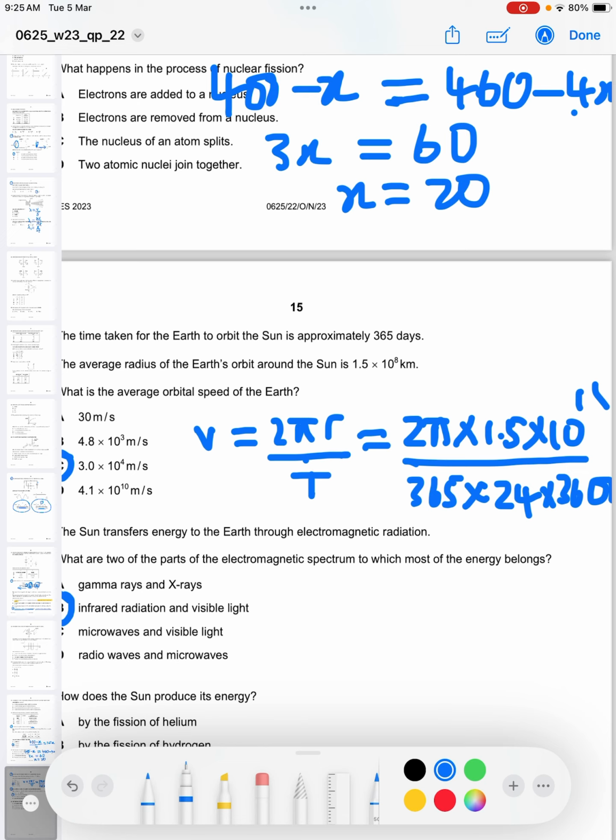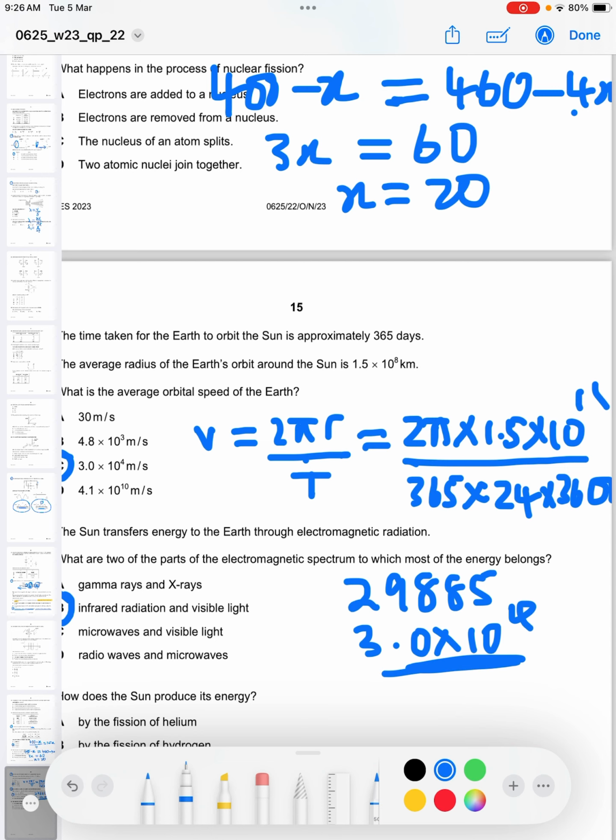So this becomes 2 pi times 1.5 times 10 to the power of 11, over 365 times 24 times 3,600. This should give us 29885, which if we round off, becomes 3.0 times 10 to the power of 4.